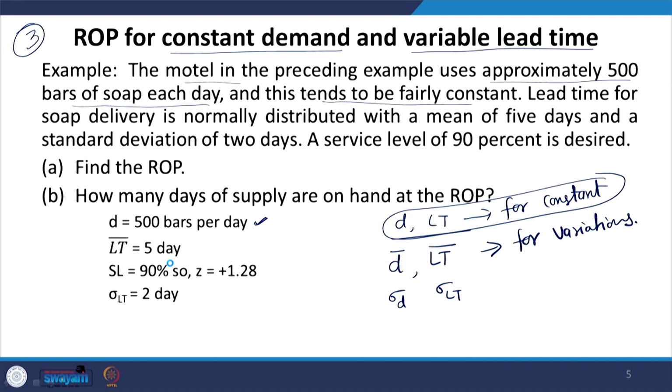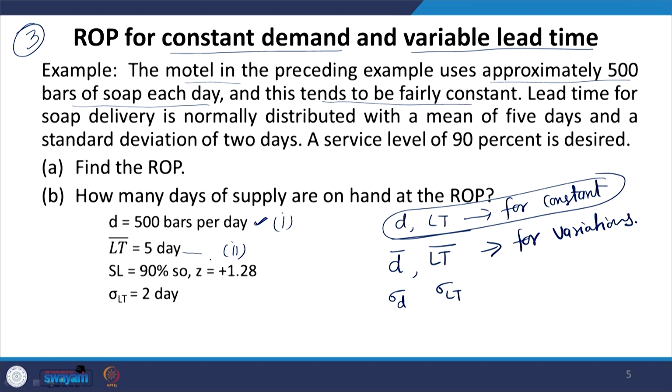Now, in this particular case I am writing D as a constant value without any bar sign, but I am writing LT as a bar value because this is the mean value for lead time. So, lead time for soap delivery is normally distributed with a mean of 5 days. Here this is written with a bar sign because it is representing the mean value.